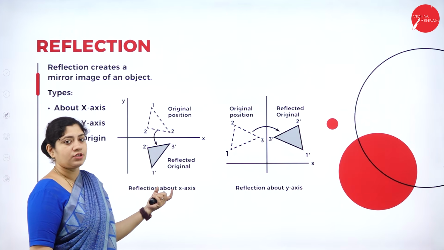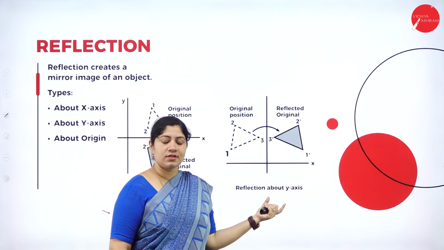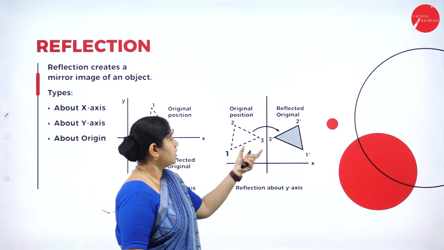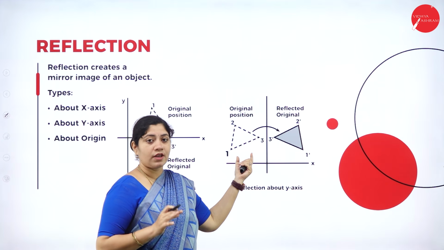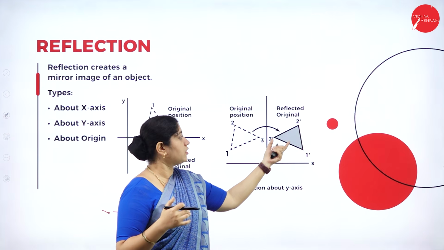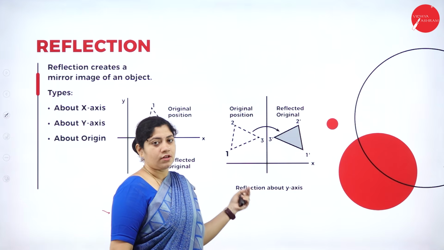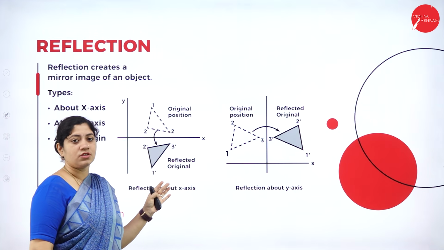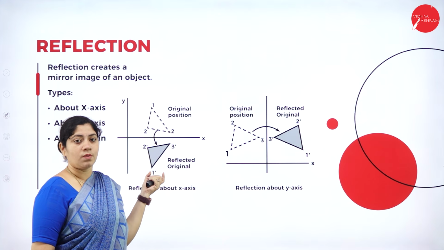This is reflection about the x-axis. Now, if you want to see the reflection about the y-axis, you can see the original position of the image in our negative xy axis, and we get a reflected image in our positive xy plane. So this is the reflection, or getting a mirror image of the original object.